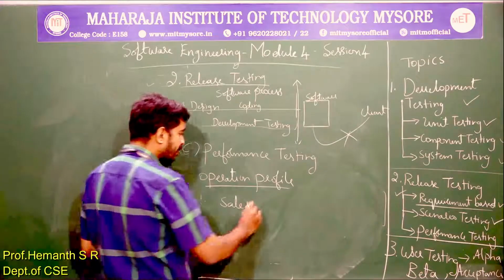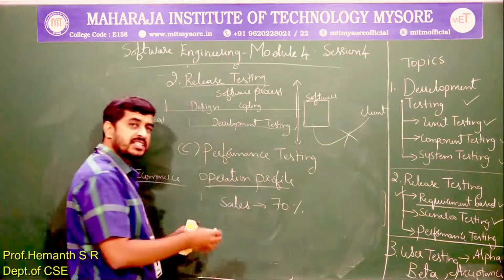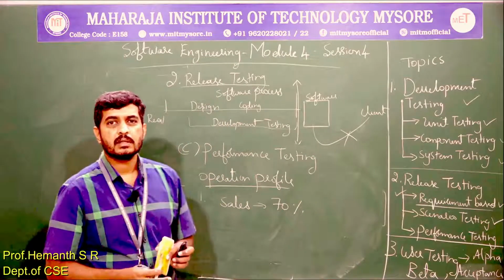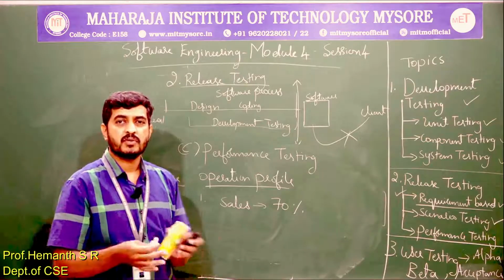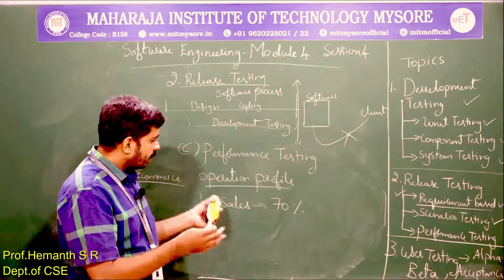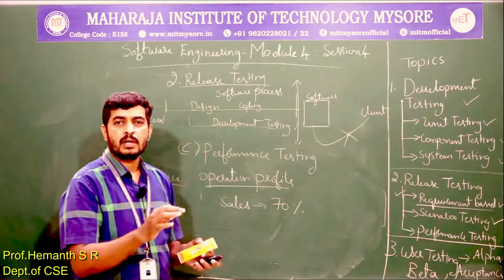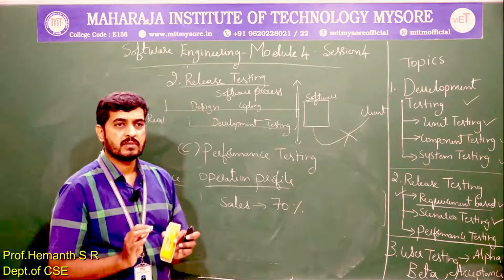Now we will assume 70% of the functionality in the software is managing these stages: a customer logging in, searching for a product, visualizing it, browsing it, adding a product to a cart and ordering the product.